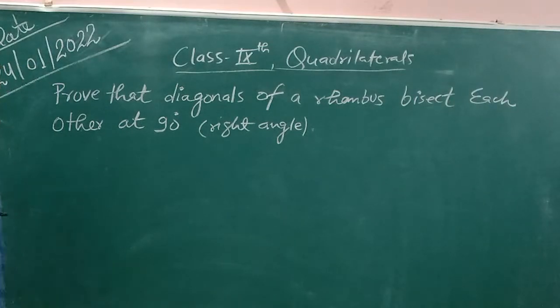Prove that diagonals of a rhombus bisect each other at right angle, 90 degree.